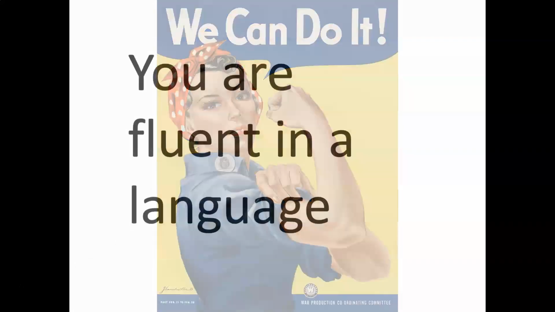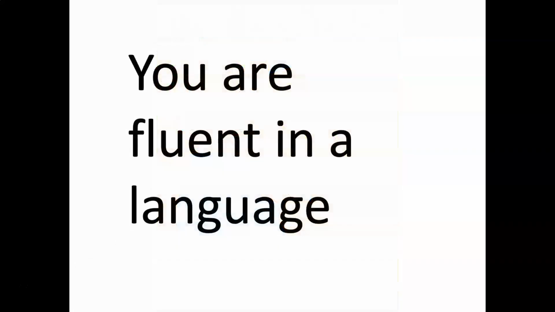Now, one of the reasons I know that you can do it is because you are already fluent in a language, and I'll bet you're not even aware of it, and that is the language of deciphering images. Let me show you what I mean. Look at these three words: college, shopping, music. What makes language powerful is that you can take a very complex idea and communicate it in a very simple, efficient form.